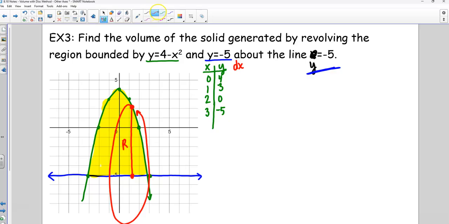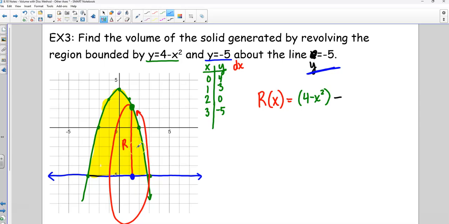So what we're going to do, we've got to do our capital R of x. We're always going to look at this line: what does the top hit? What function do we hit at the top? 4 minus x squared. Then we need to subtract whatever we hit at the bottom.